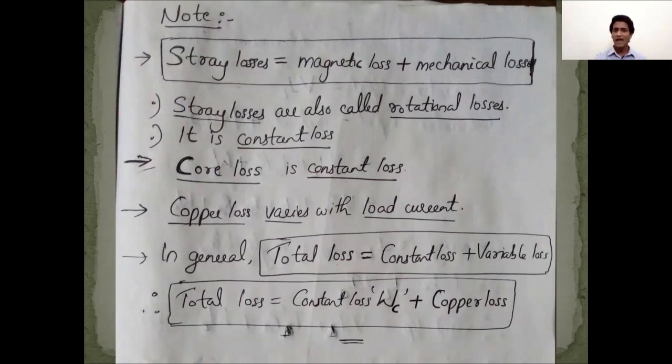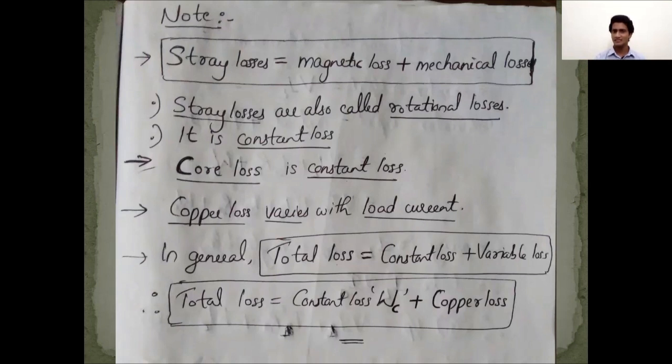Then how is magnetic loss considered a rotational loss? Because the magnetic loss or iron loss occurs only when my armature is rotating. Only if the armature is rotating will hysteresis and eddy current loss occur in my machine. So magnetic loss is also considered a rotational loss.